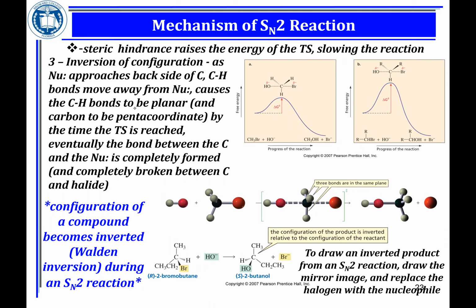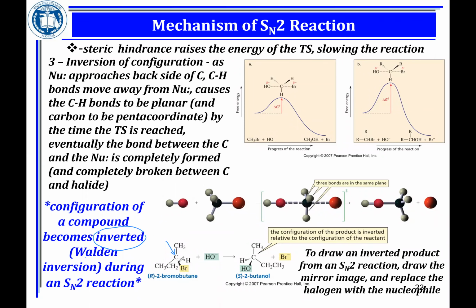So for SN2 reaction, configuration is going to be inverted. This is called Walden inversion. This is only applicable to a center that is a chiral center, attached to four different groups.